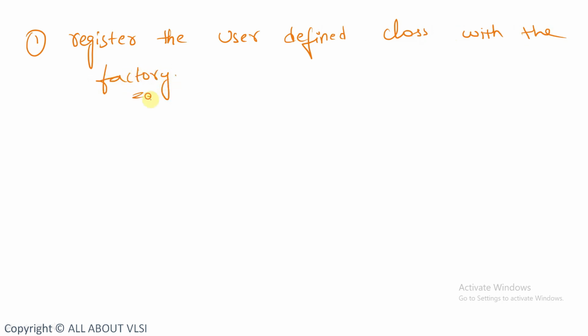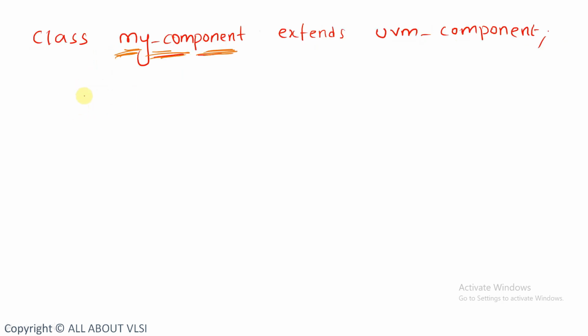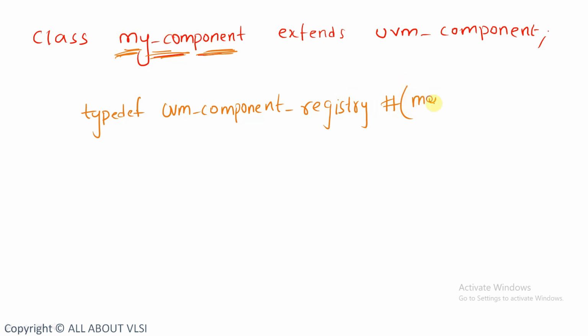Now let's see how to register our user defined class with the factory. For the syntax, I'm going to use typedef and call the uvm_component_registry class. It is a parent factory class and a parameterized class, so I provide my class name, my_component, and I'm basically wrapping this entire class into type_id using typedef.